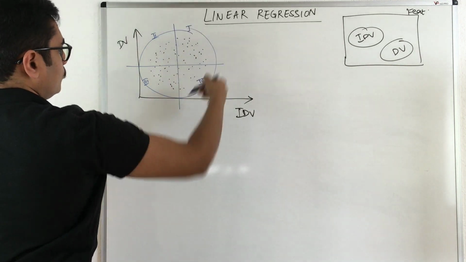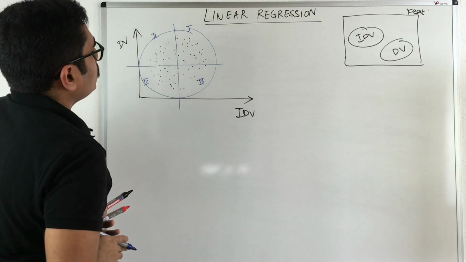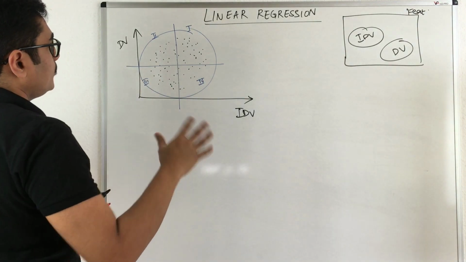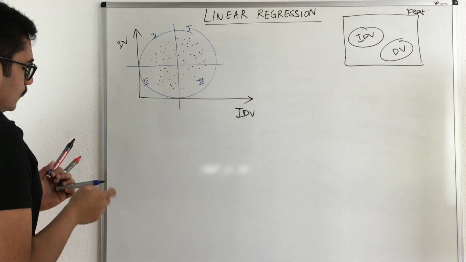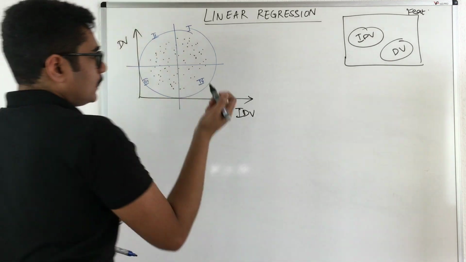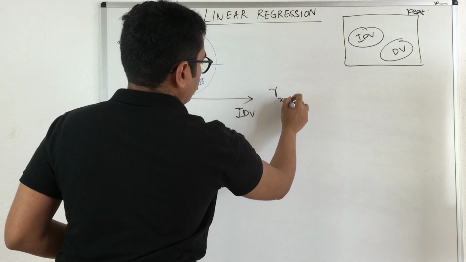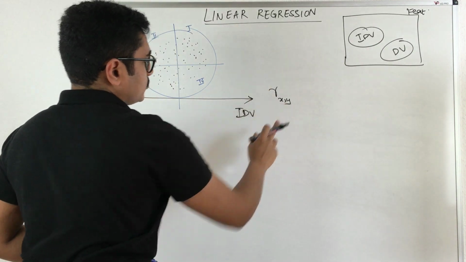This is from trigonometry. What we basically need is to estimate the relation or correlation between x and y, that is, the dependent and independent variable. The Karl Pearson coefficient is represented by rxy. Small r represents the Pearson coefficient between x and y.